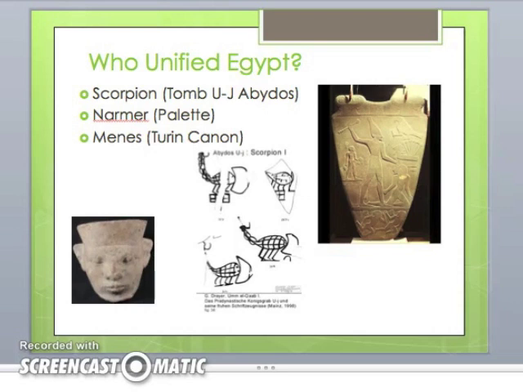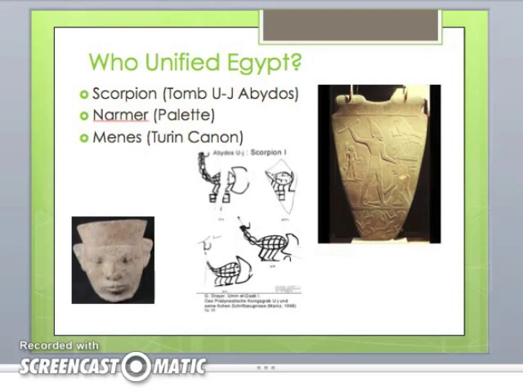And we don't really have a lot of evidence for Menes. We might have a small figurine here on the left side of the screen. And again, each of these possible unifiers only have like one artifact associated with them. So it's pretty difficult to determine who's our unifier.